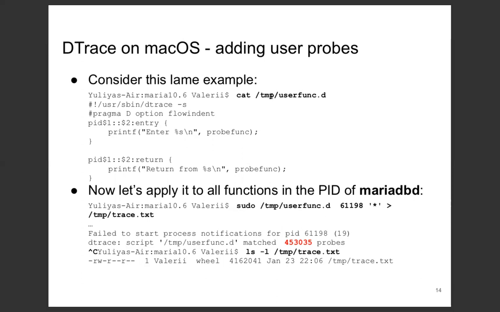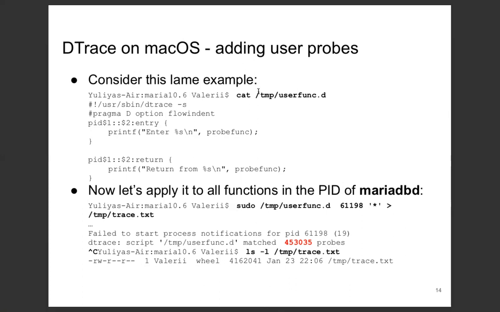Consider this simple D program, userfunc.d, that will show in an indented way, so it's like a tree of calls, entry, it's entered to a specific function, return, it's return from specific functions. I do not care yet, I don't remember yet how to present arguments of functions, how to deal with return values, but at least I can trace everything dynamically.